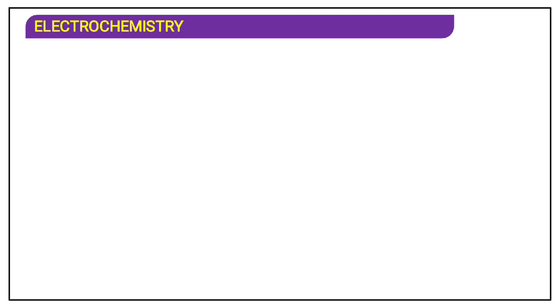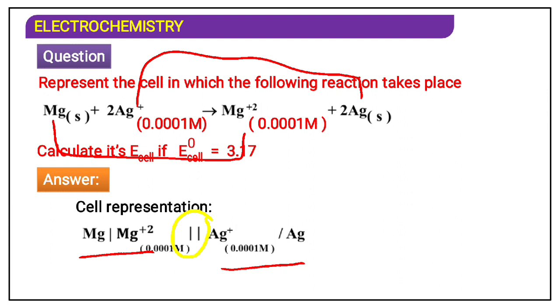Let us see that equation once again for the given reaction. On the product side Mg2+ is present, and on the reactant side Ag+ is present. So first we write the products divided by the reactants. Here the Mg stoichiometric coefficient is 1, but the Ag stoichiometric coefficient is 2.